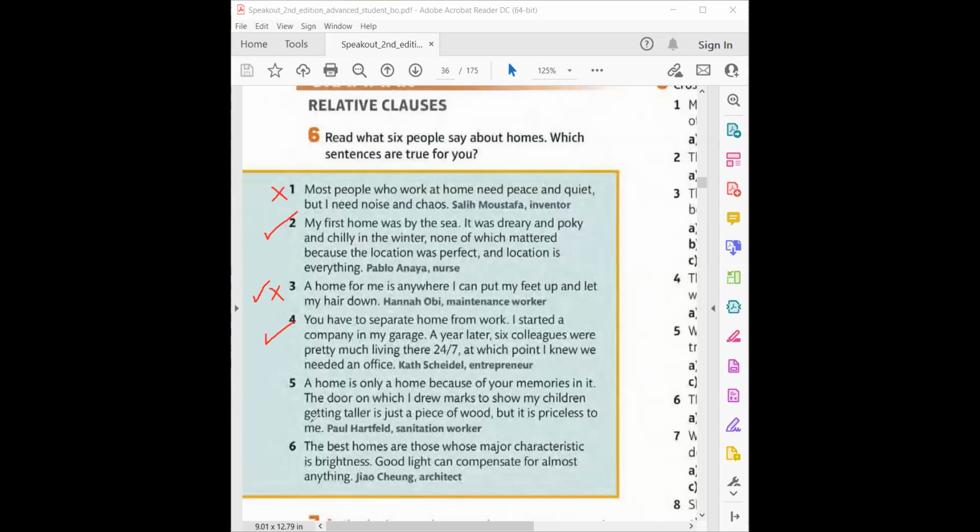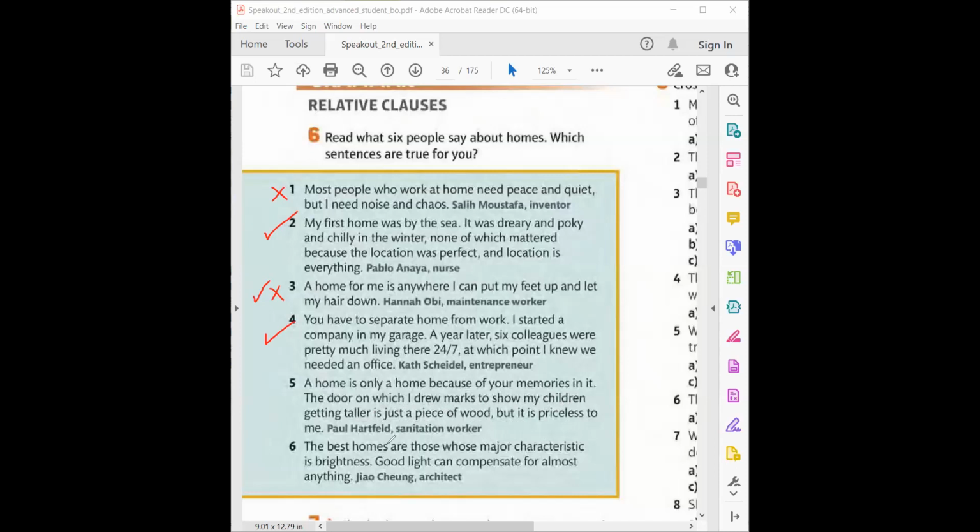All right, next one. I can read it. A home is only a home because of your memories in it. The door on which I drew marks to show my children getting taller is just a piece of wood, but it's priceless to me.